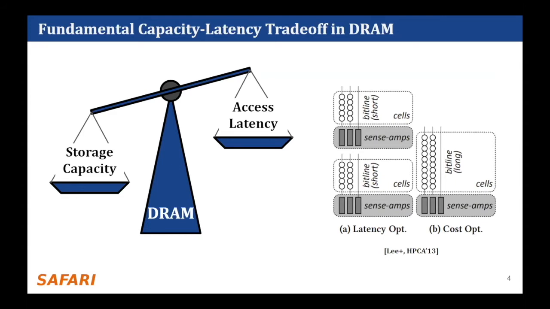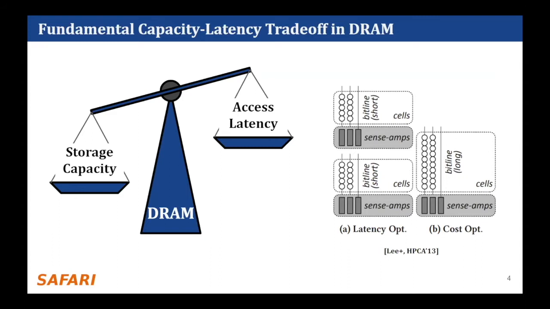The figure on the right, which is taken from Tiered-Latency DRAM, illustrates how access latency and storage capacity affect each other in the conventional architecture. If we look at sub-figure B, which shows the cost-optimized, or essentially storage capacity optimized, architecture, it achieves high storage capacity by making a large number of DRAM cells share the same expensive peripheral circuitry, for example, the sense amplifiers.